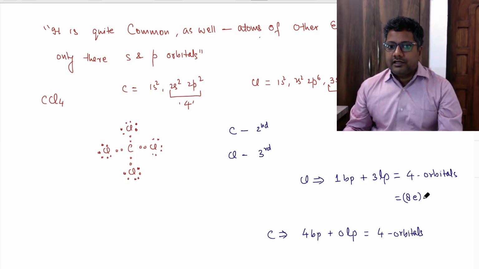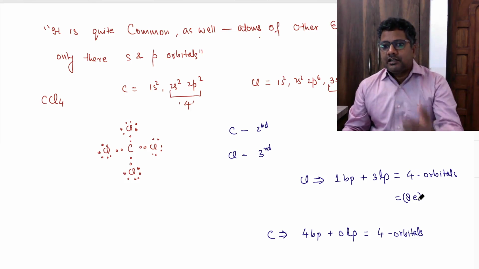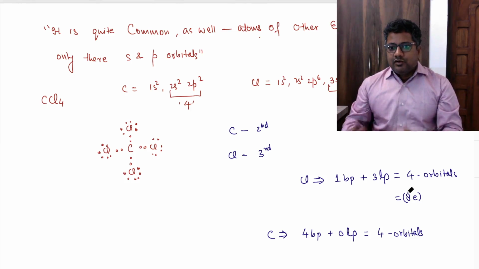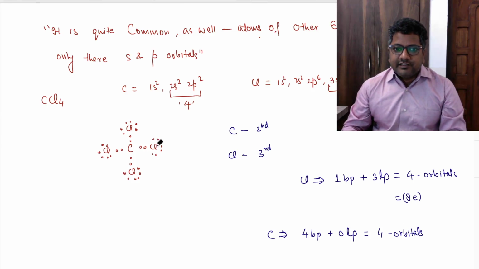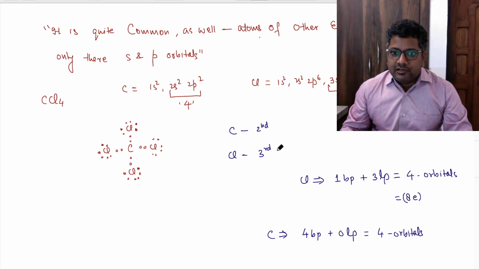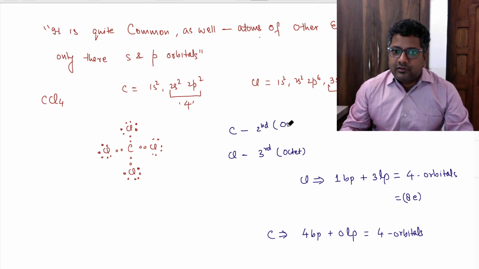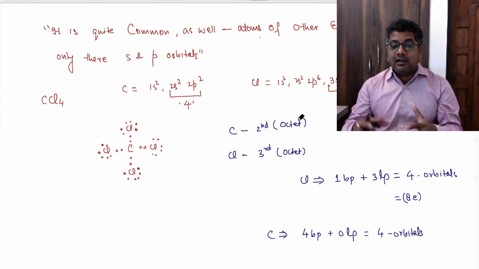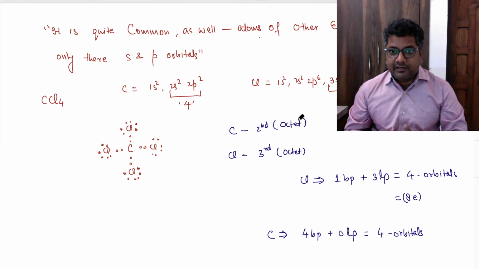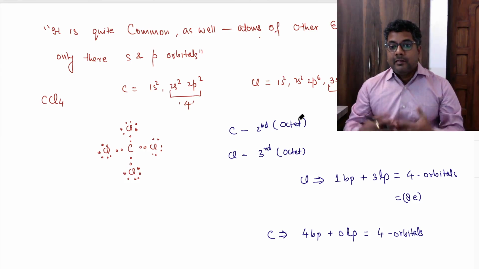Chlorine will not utilize other orbitals. So in this way you can say that chlorine is also obeying the octet rule, and carbon is also obeying the octet rule. See, for carbon it is mandatory, but for chlorine it is not mandatory.